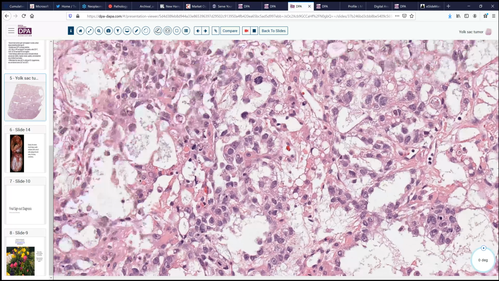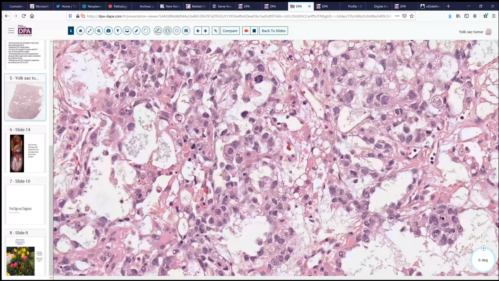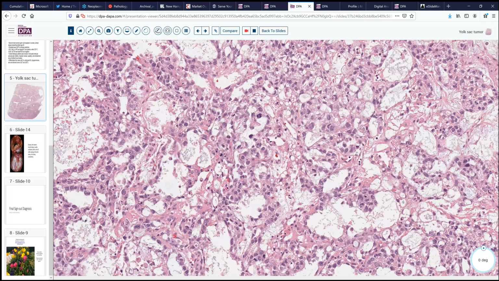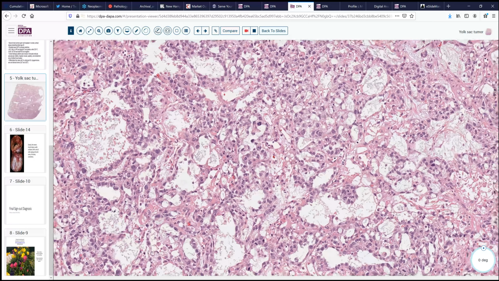For example, over here, I think you see one that may be extracytoplasmic, or they can at least appear extracytoplasmic. So those hyaline droplets also can be a helpful diagnostic clue to the diagnosis. In some clear cell tumors, you can also see hyaline material and occasional eosinophilic droplets like this, but usually with a different nuclear morphology than what we're seeing here.